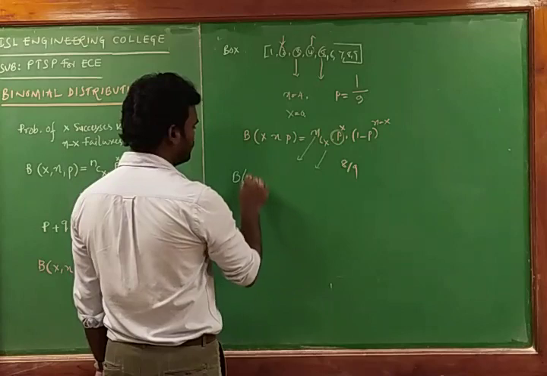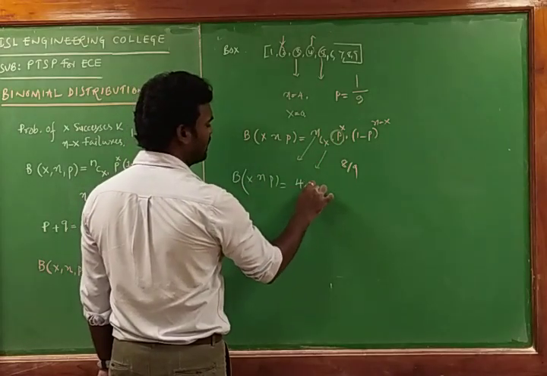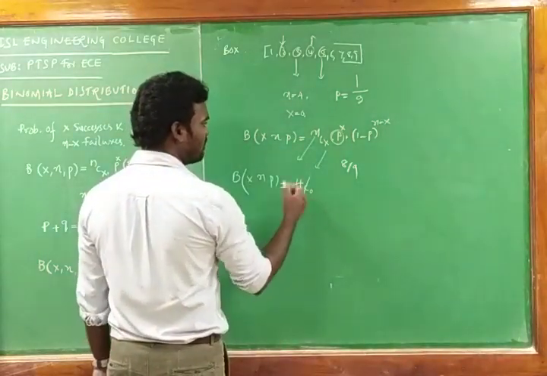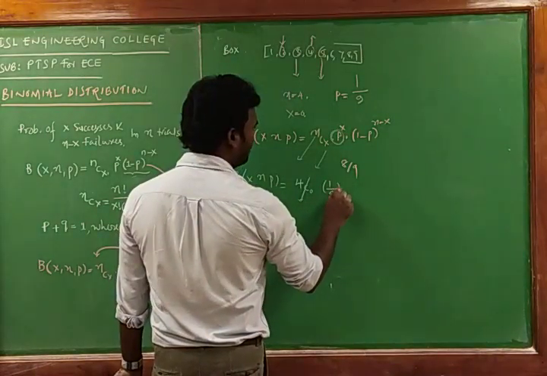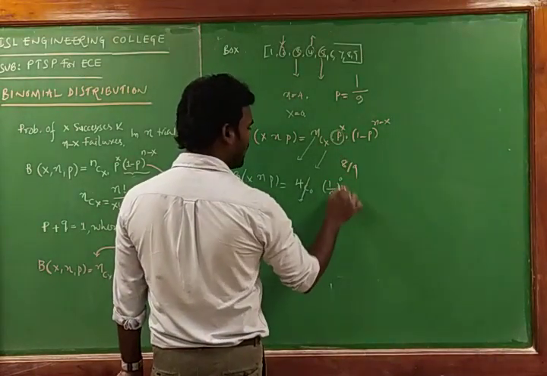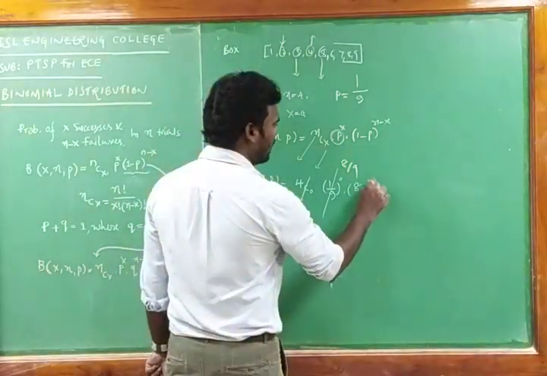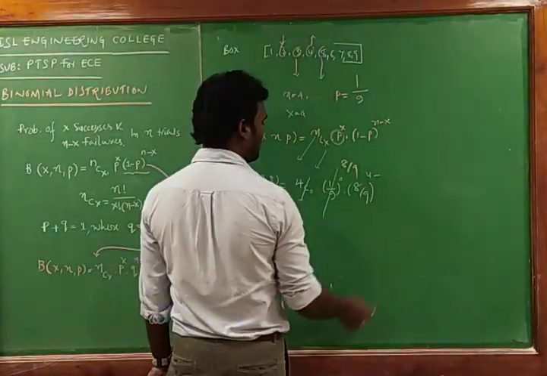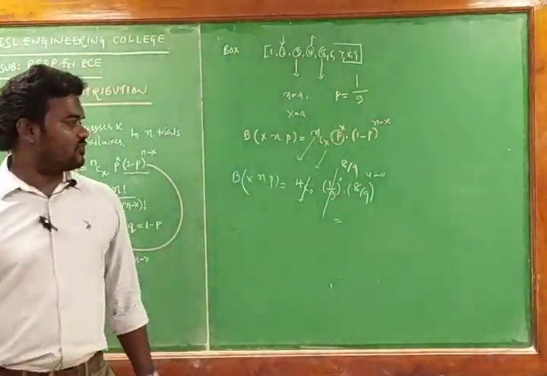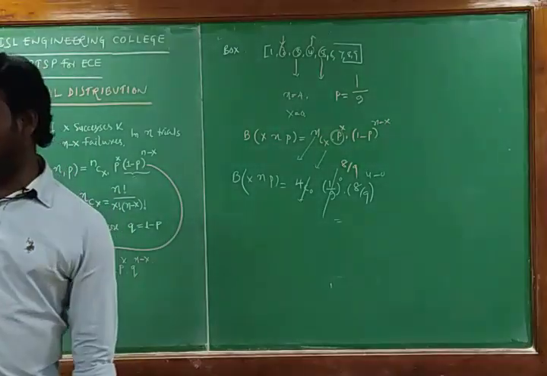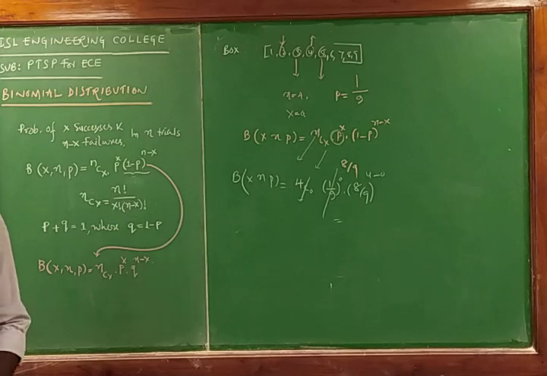The binomial distribution of x comma n comma p is equal to 4C0, which is 1 only, into p to the power of x, that is 1 by 9 to the power of 0, which is also 1, and 1 minus p is 8 by 9 to the power of n minus x, that is 4 minus 0. So 8 to the power of 4 by 9 to the power of 4 is the answer. You can get that by simplifying.